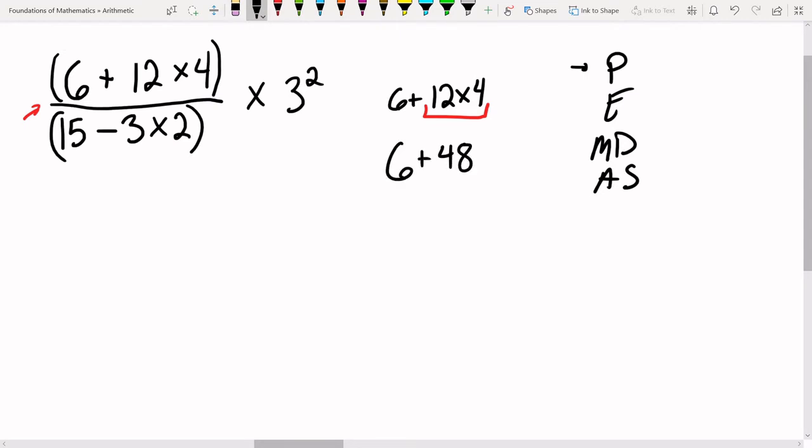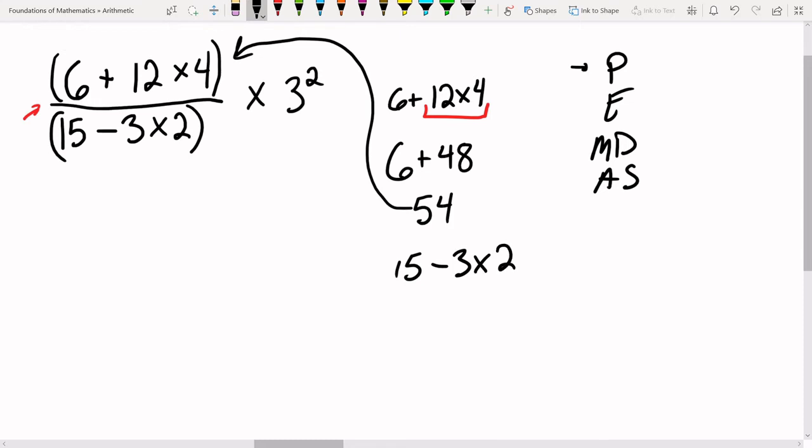And of course, the last thing is addition and subtraction. So 6 plus 48 is 54. So that goes on top. Now, the bottom portion is also in parentheses, so we're going to do that portion first as well. Again, run through order of operations for the things in parentheses.